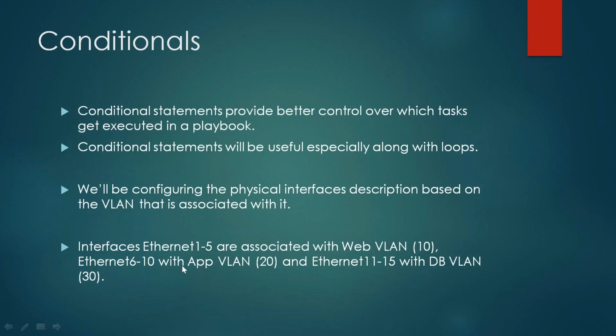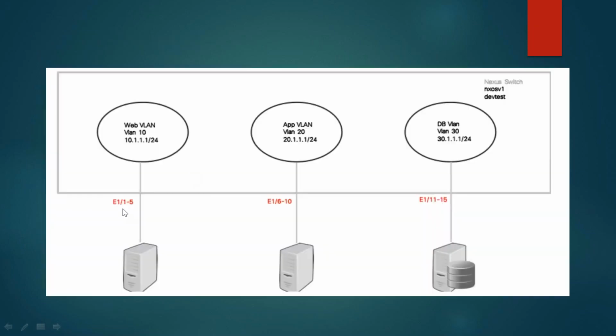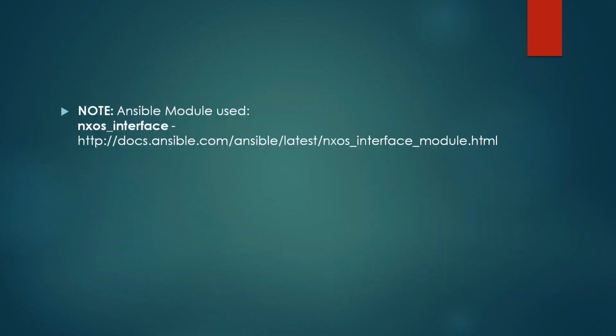So you can see I have a range of interfaces where I want to put the comments. This can be easily done with the help of a condition. And here in the diagram you can see all these interfaces where I'm going to put the comments. So I'm going to call some sort of loop or some sort of condition where it can be easily done.